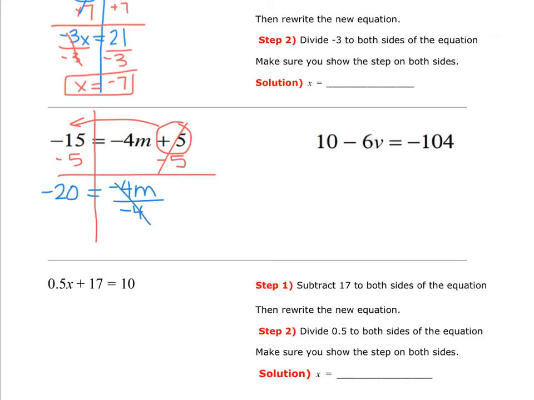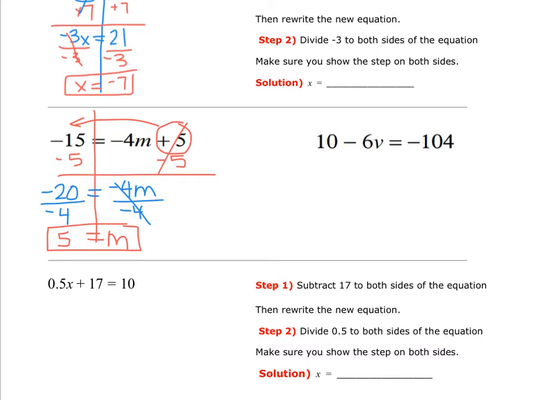Divide by negative 4, that would cancel that out. Divide by negative 4 over here. So my answer, if I have negative divided by negative, that's a positive. 20 divided by 4 is 5. Use your calculator, you are able to. And so 5 equals m. So like I said, you can write the variable equals the answer or the answer equals the variable. Same thing. Okay, let's keep going.